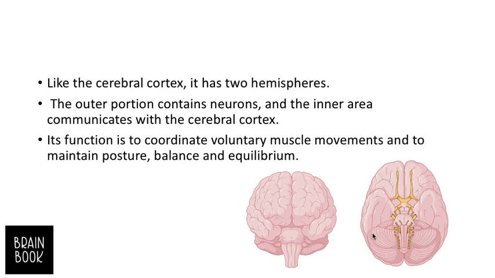The outer part contains neurons, and the inner area of the cerebellum communicates with the cerebral cortex. Its function is to coordinate voluntary muscle movement and to maintain our physical posture, balance and equilibrium.